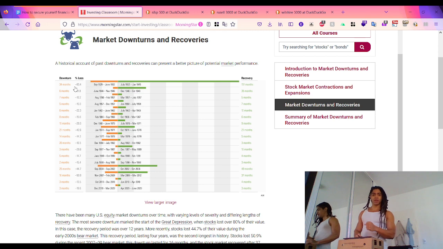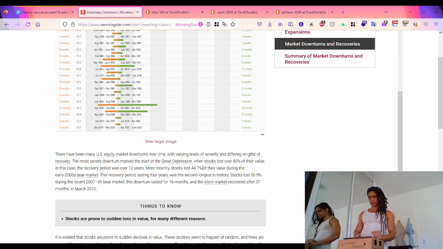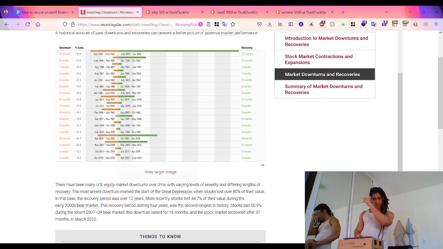That's actually two and a half years. It was followed by a long recovery of 151 months, roughly 12 or 13 years. That's an entire generation, almost. So, yes, there have been many US equity downturns like this.